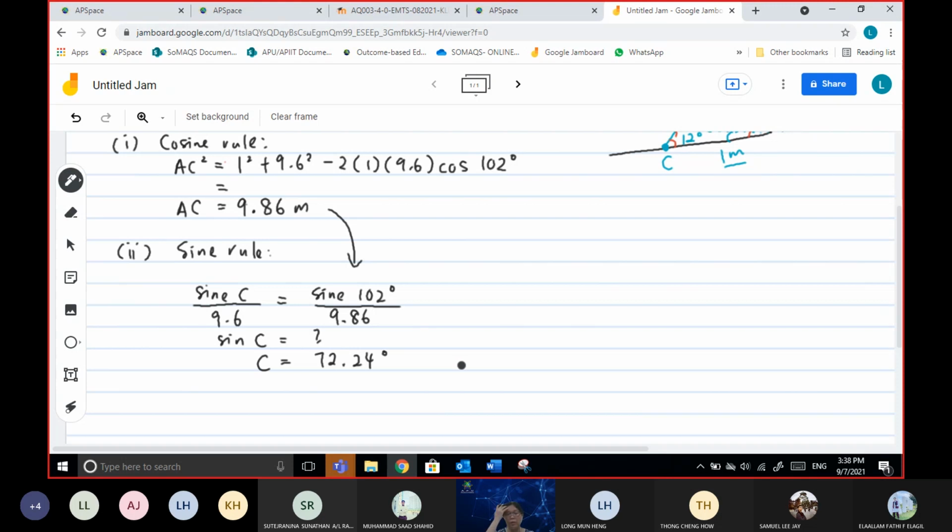For the rest, the angle got it wrong, so you get penalized in part 1, marks deducted, but for part 2, I still give some marks for workings. So any questions for question 3B before I move on?